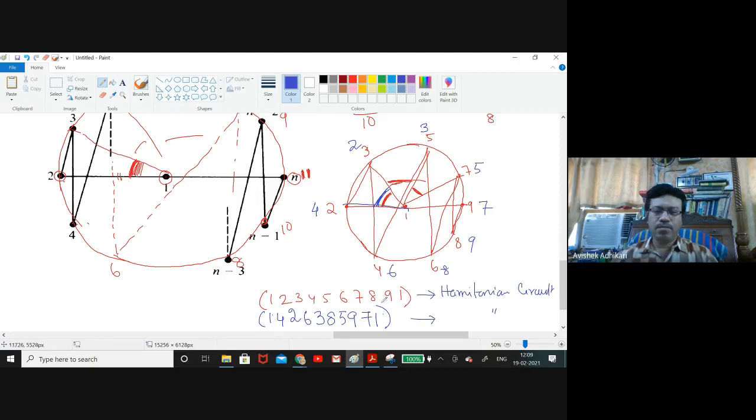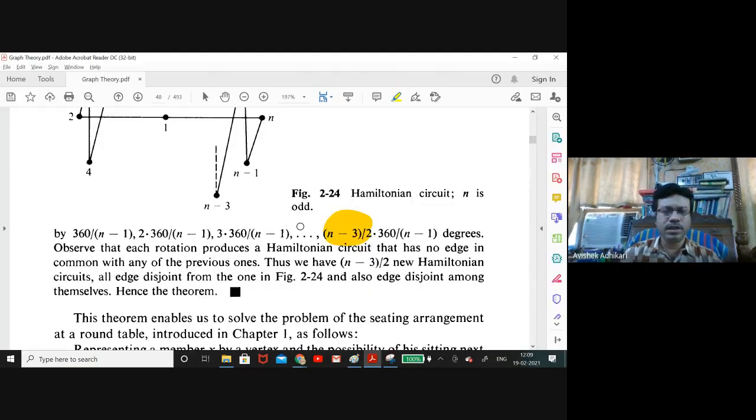Most interestingly, both of them are edge disjoint. So the question is, how many such circuits can you make? You can make exactly n minus 1. So you can first make it 360 divided by n minus 1.